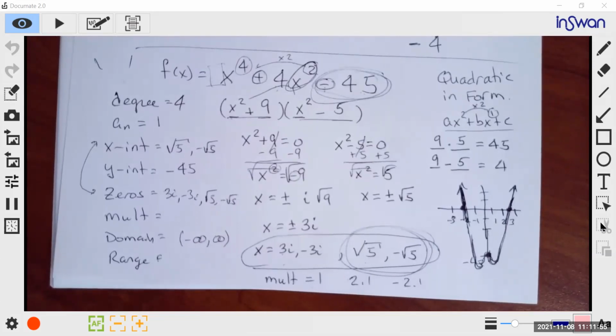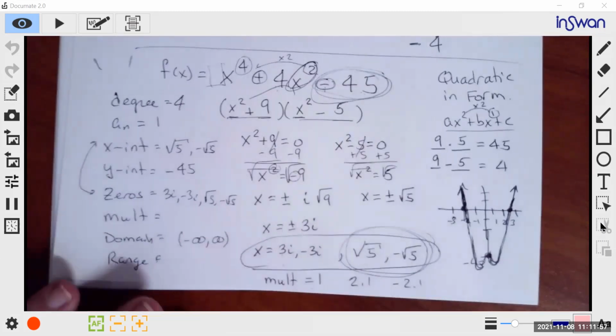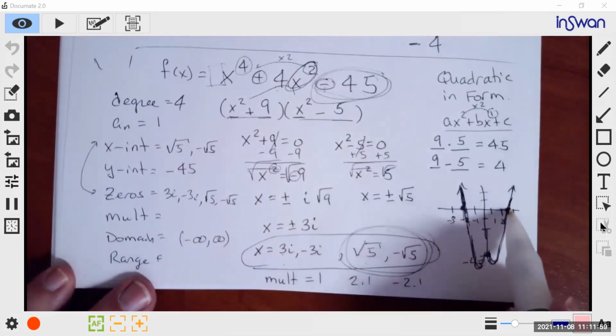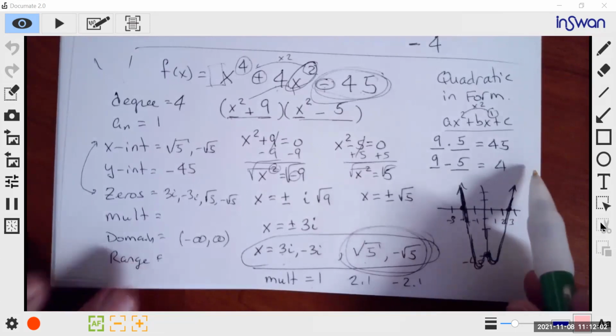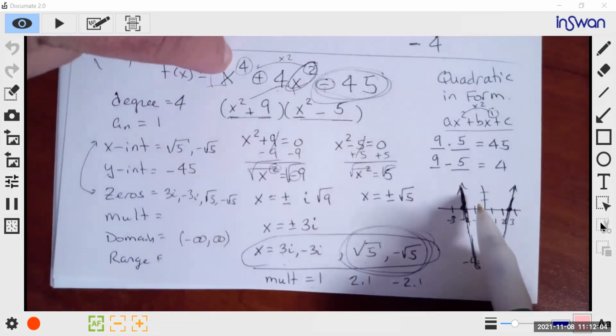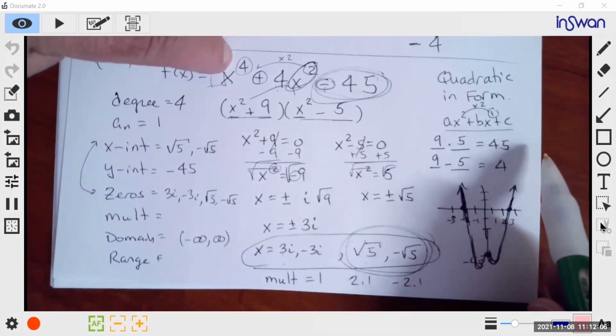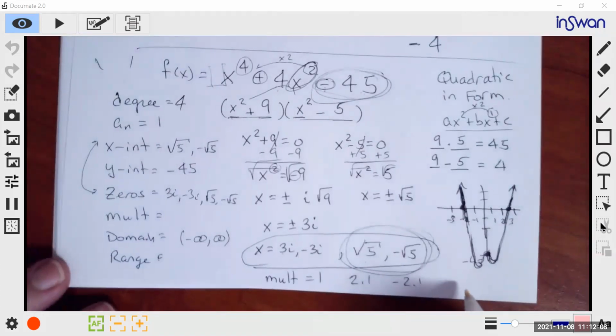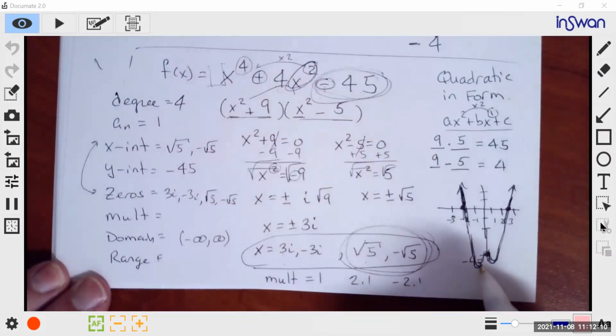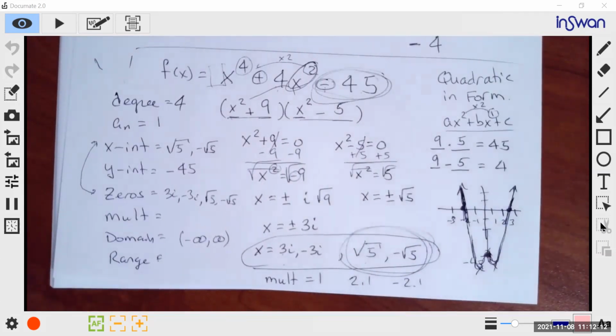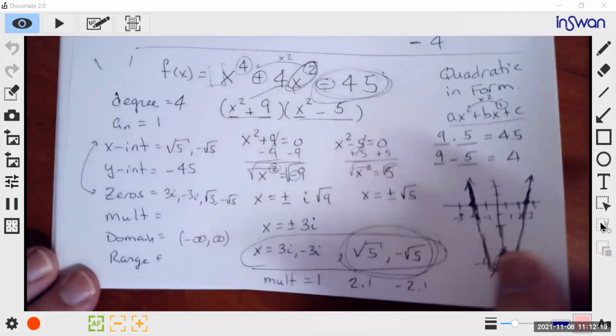Again, right now, I just want to see the basic shape of it. We know the x-intercepts. We know what the graph looks like. So both ends, since it's positive and it's even, both ends point up. And since it's 4th order, we're going to have 3 vertices. We're going to start building up how this looks later on.